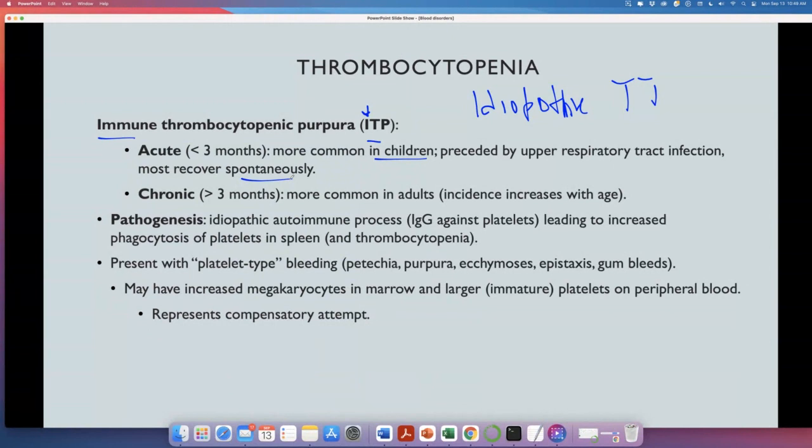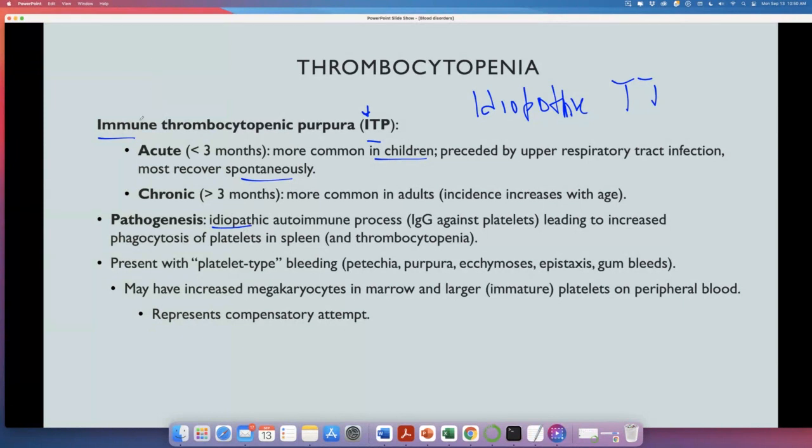Now, there is a chronic form, and it lasts for more than 3 months. And this one is more common in adults. Okay, and as we get older, we have more likelihood of developing this immune thrombocytopenic purpura. Okay, so right now, this is an autoimmune process that we still have to find the cause.